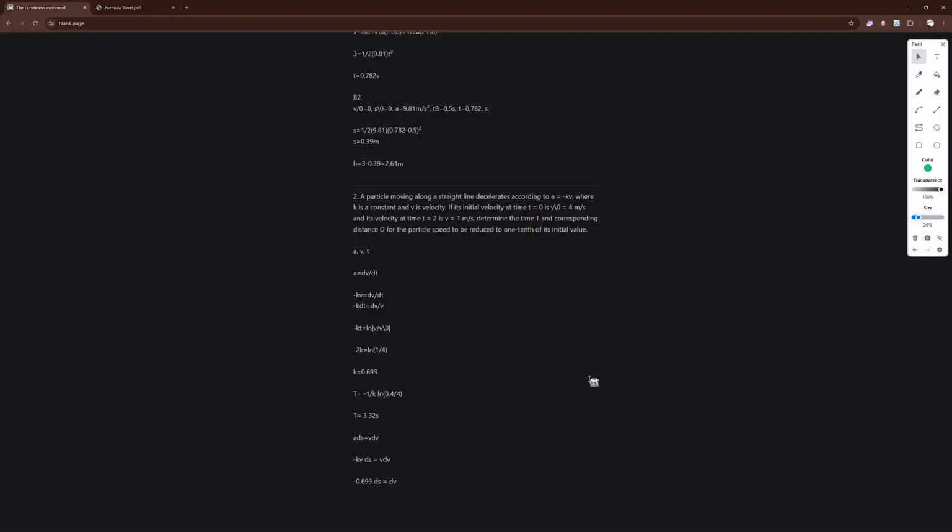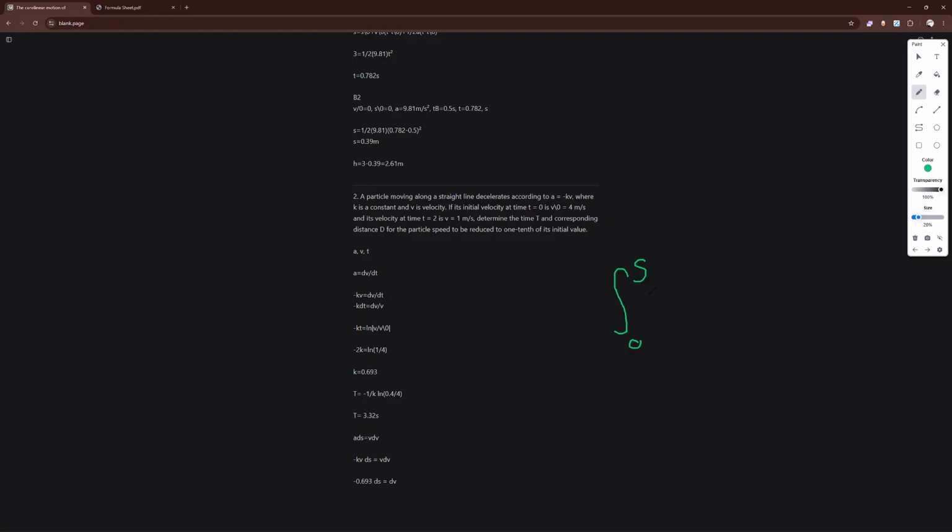Or you can also do, since we start at t equals 0 and it's moving along a straight line, you can assume that it starts at a position of 0. So when you're doing your definite integral, you're integrating from 0 to s f, but you can omit the f if you want to.